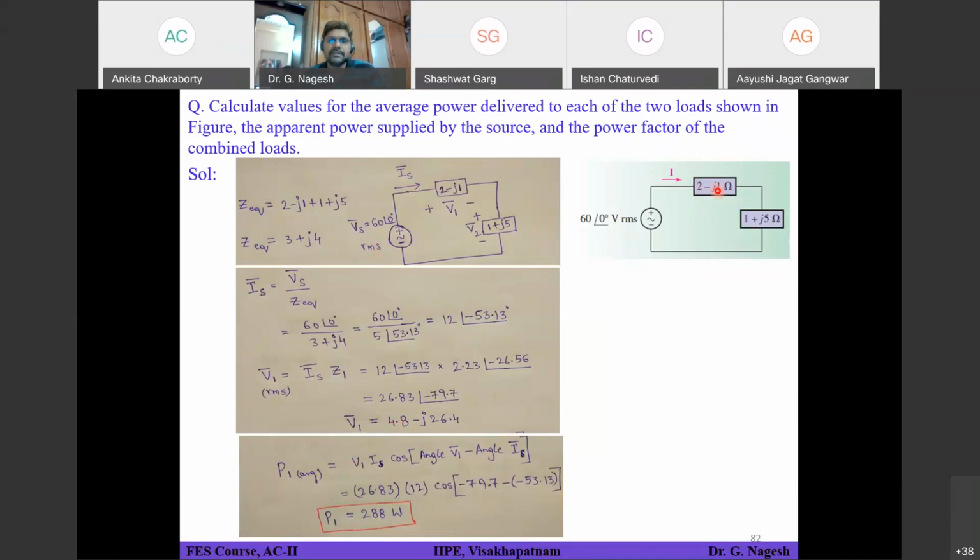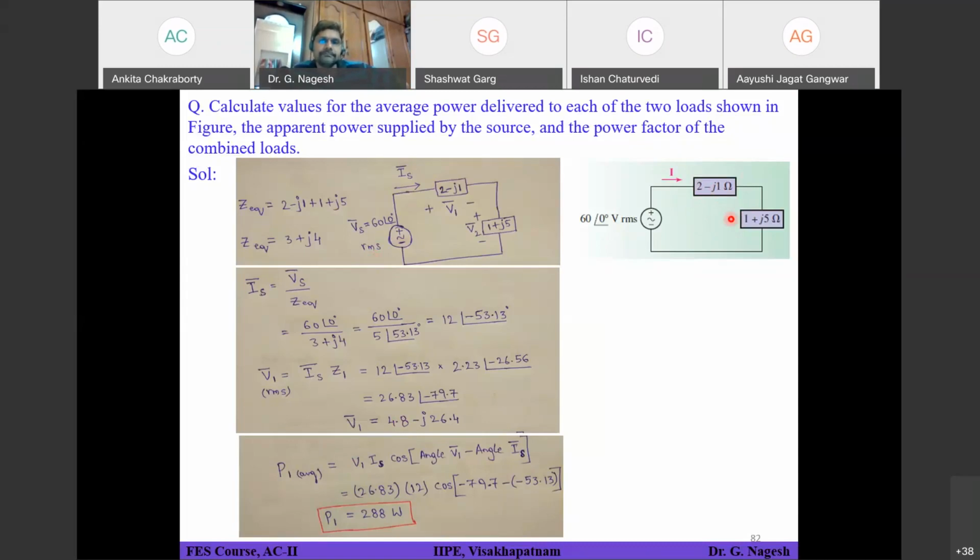If you can tell from the circuit whether it is an inductive or capacitive nature load, then you can cross check your result by adopting this I square R method.